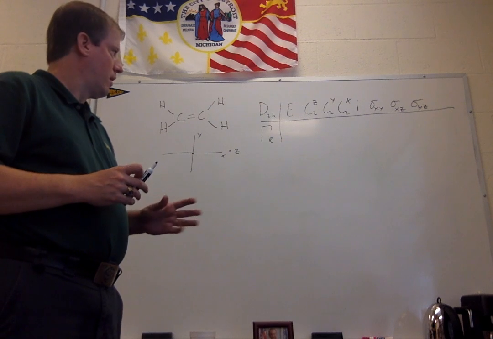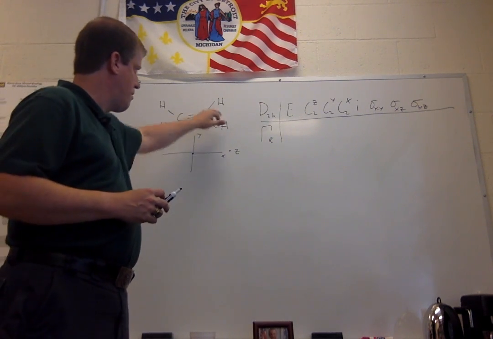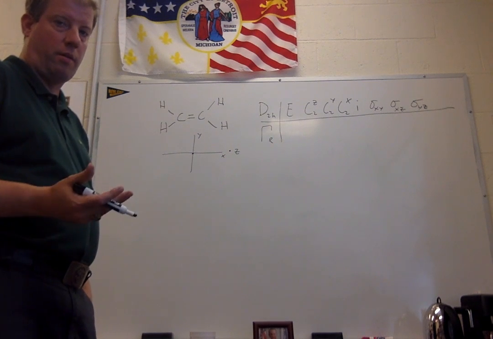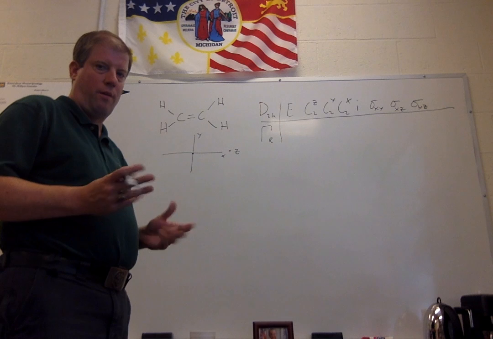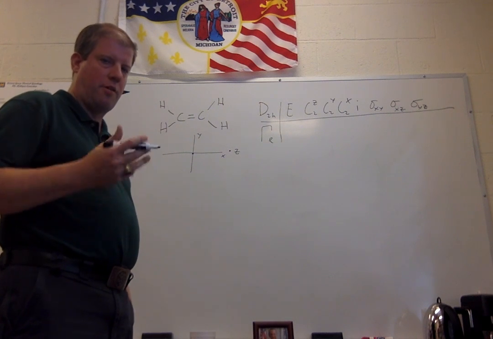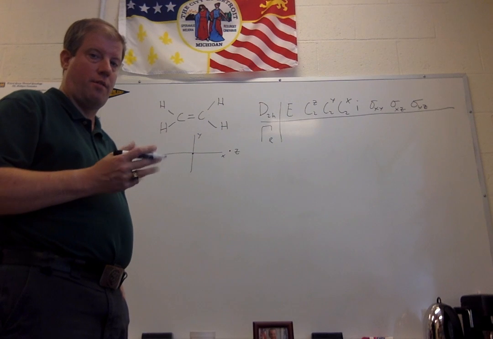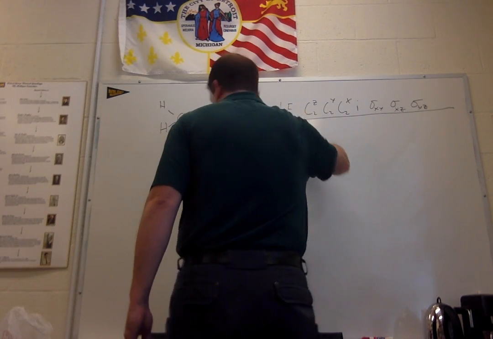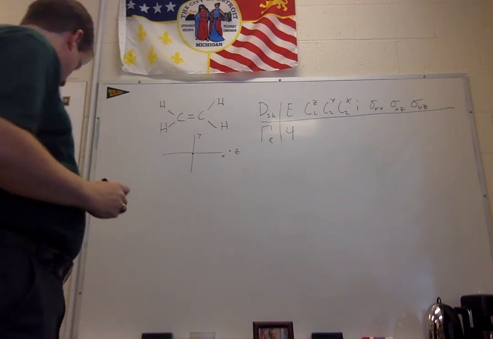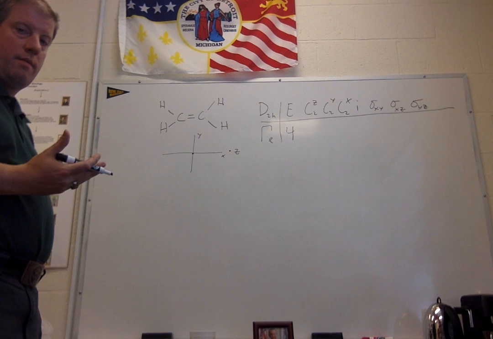So, let's look at that. We've got 1, 2, 3, 4 hydrogen atoms in our molecule. If I do nothing to my molecule at all, how many hydrogen atoms remain fixed? Answer, all. And so the character underneath there is going to be 4.